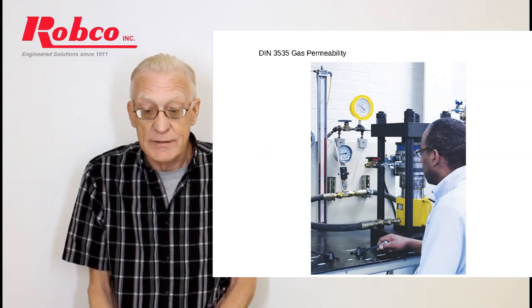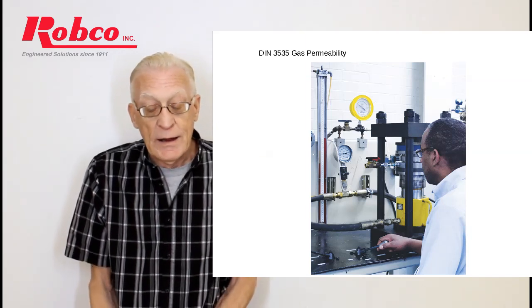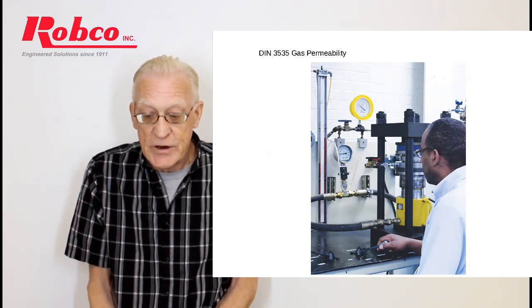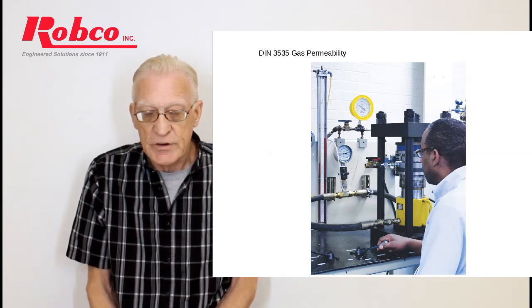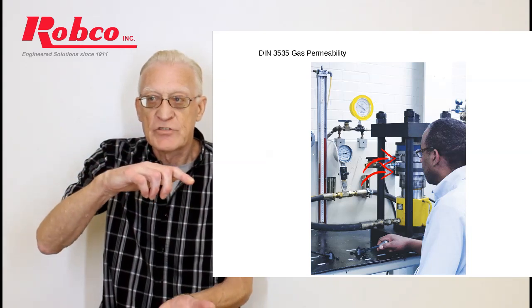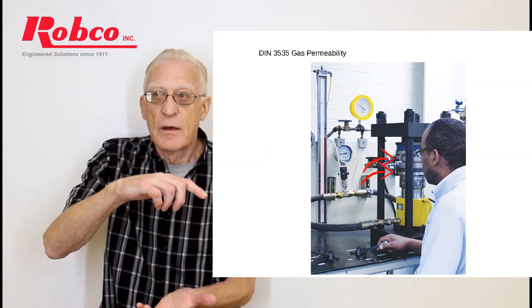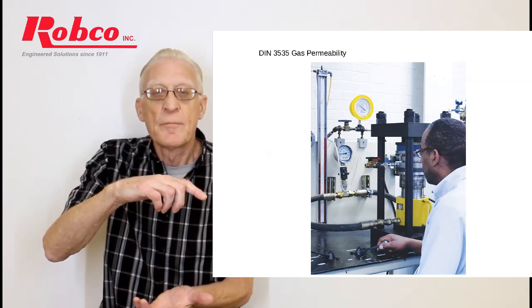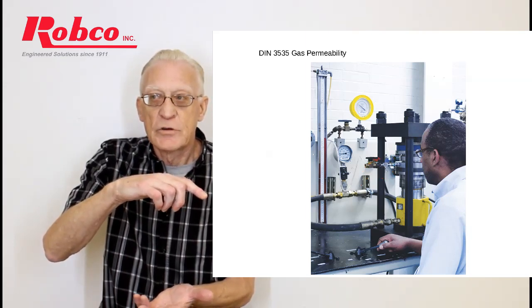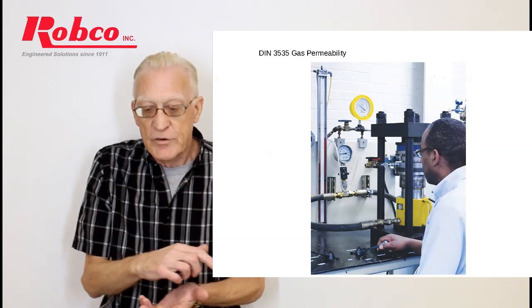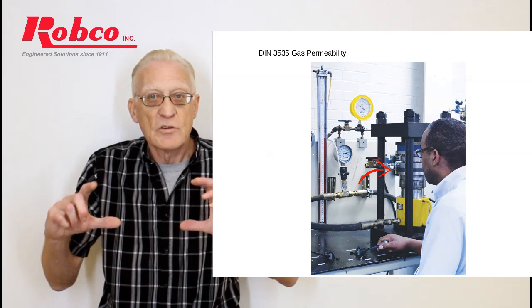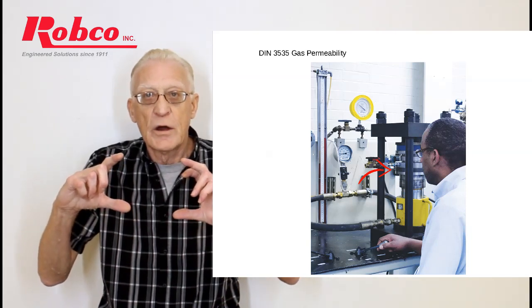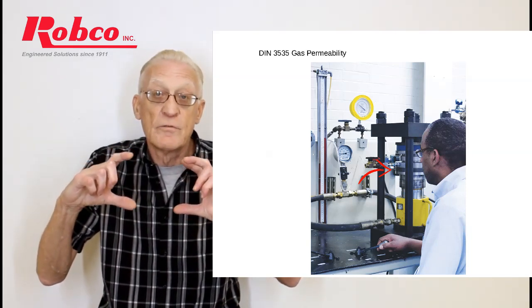Here's the DIN 3535. It's supposed to achieve the same test, but on the right-hand side, you'll see that test fixture, and it's basically two flat platens, just like the other one, except they put a polyethylene film on either side of the gasket. So they basically gasket their gasket, and you'll see there's a black band around the edge of it. That actually has an O-ring on the inside and creates a closed environment.